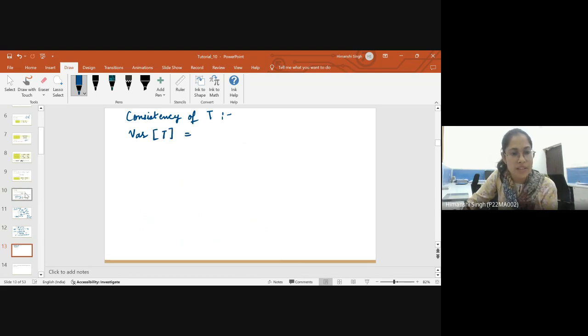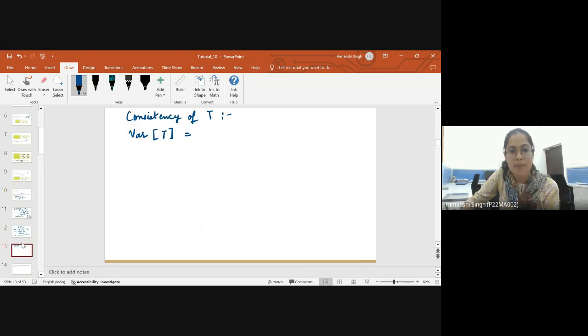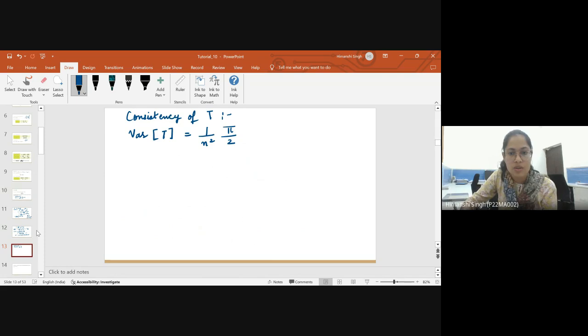Since we have this expression here, when I apply variance, the square of this quantity will come outside, so it will be 1 upon n square pi by 2. And this is a random sample, so we consider these independent. So the variance will be the summation i going from 1 to n of variance of xi, which is the variance of mod of xi.